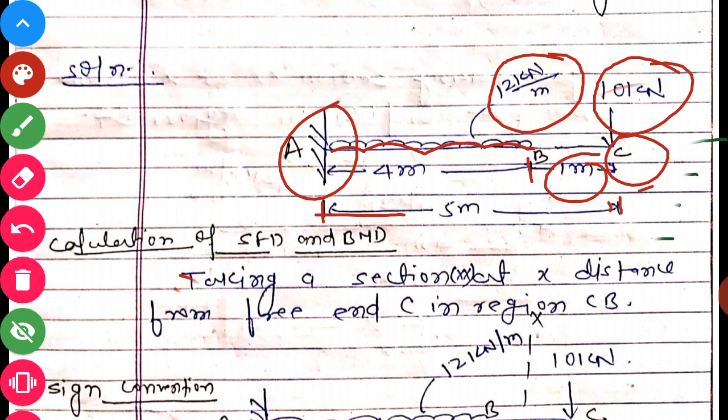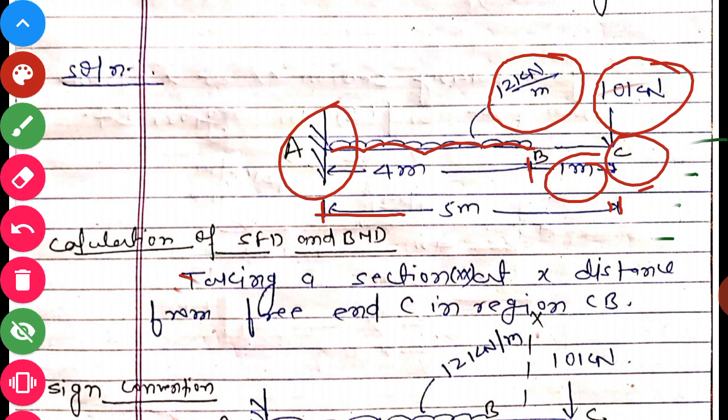You know how to draw SFD and BMD. Before drawing SFD and BMD, there are the following calculations. First, you take a section in every region. I hope in the last lecture I already covered this concept. If you don't understand this, go to the previous lecture, video number 6. First we take the sign convention.